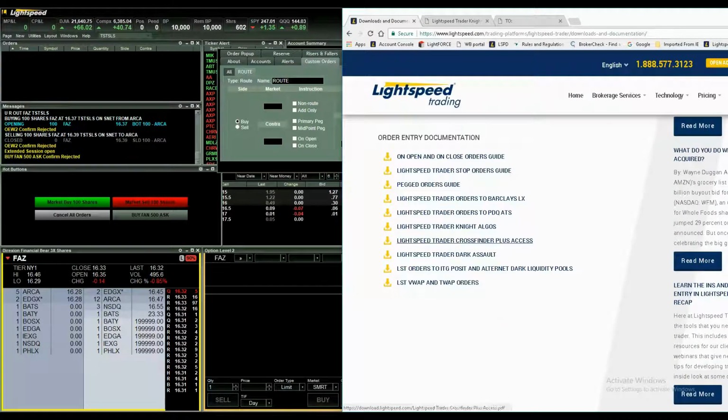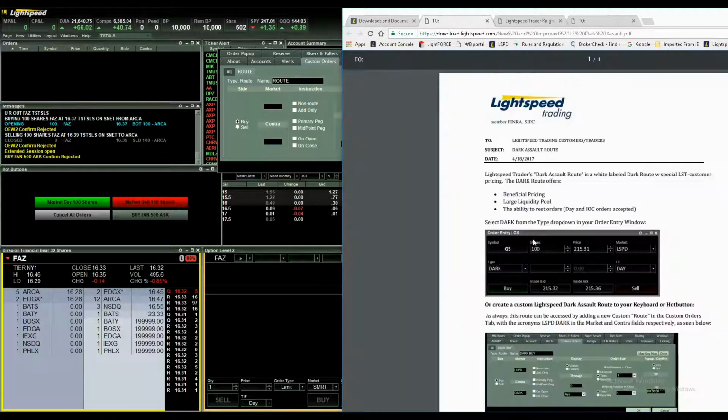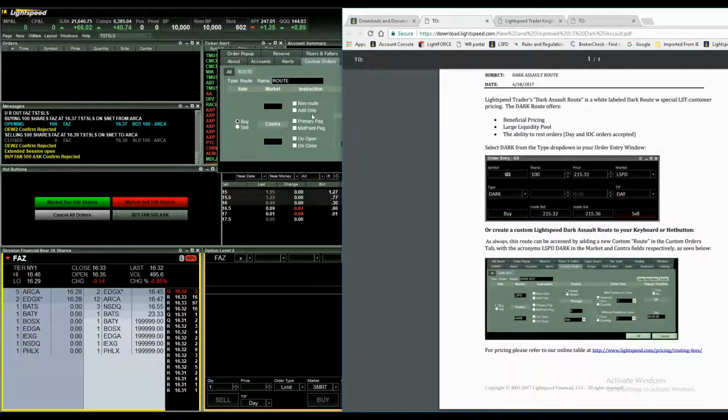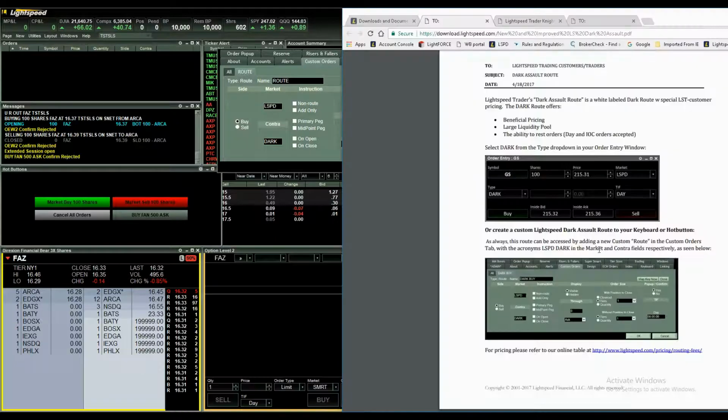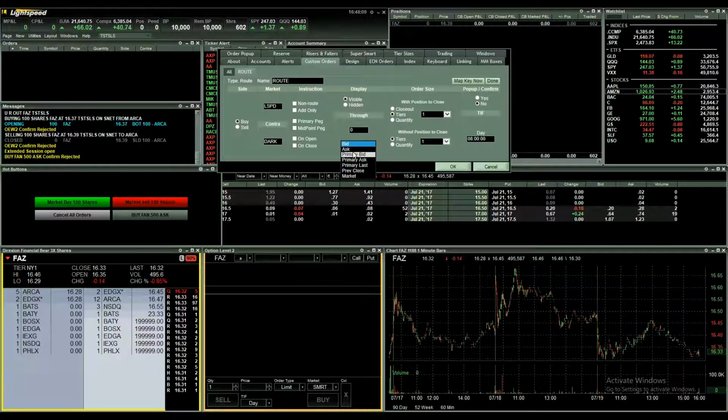So if we want that Lightspeed dark order, we would do LSPD. We'd make this contra is dark. And once again, we're going to make it very aggressive. So we're going to buy the ask, and this could simply be a 100 share order.